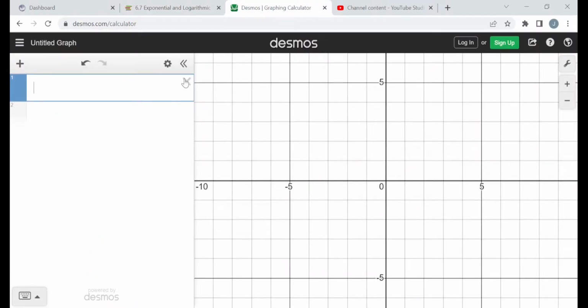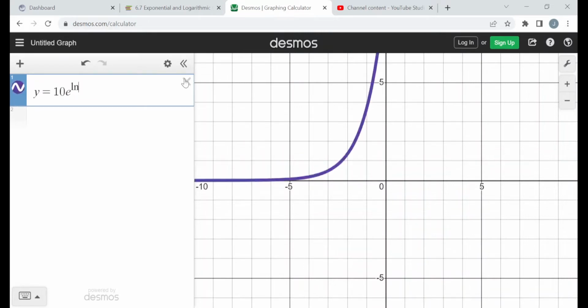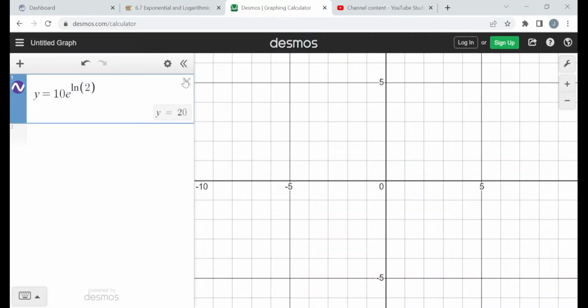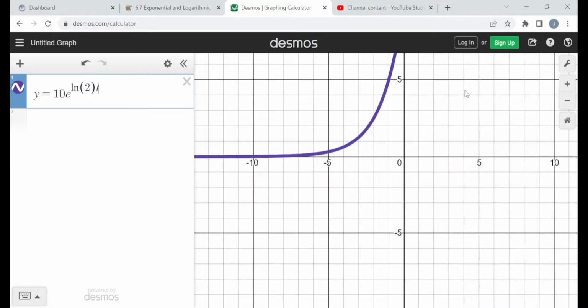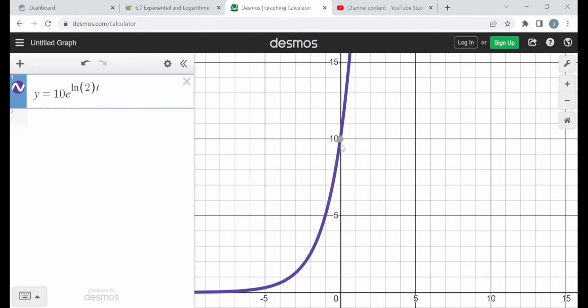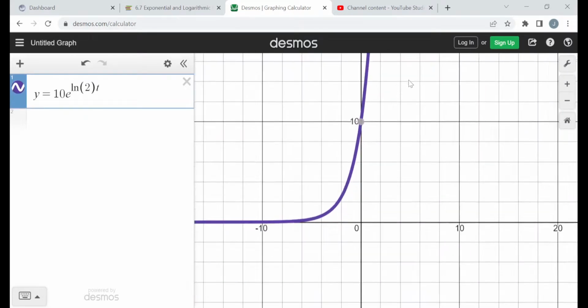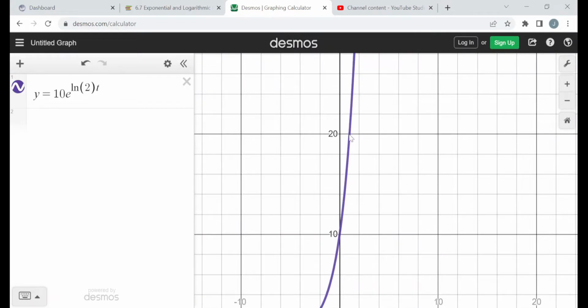So I'll put it in the way I had it originally, y equals 10 times e raised to the natural log of 2 times t, right, and there you go. And you see it has 0, 10 on it, right? It has 1, 20, or at least it should, right? It has all those points I pointed out earlier.